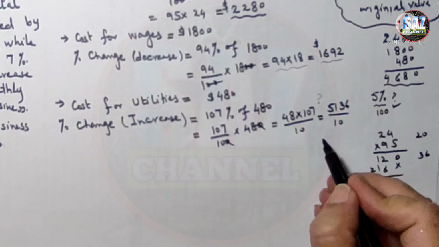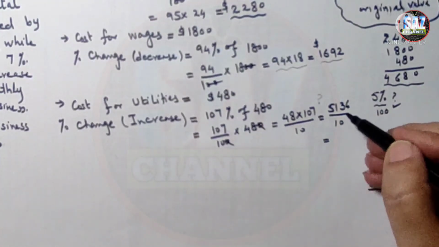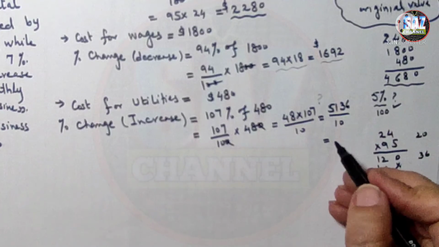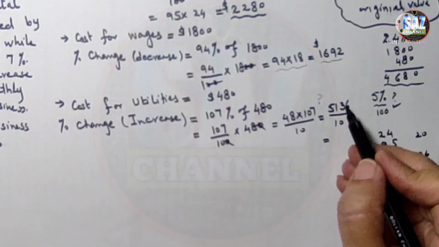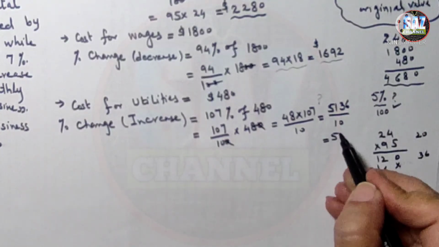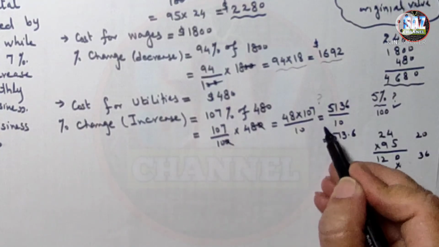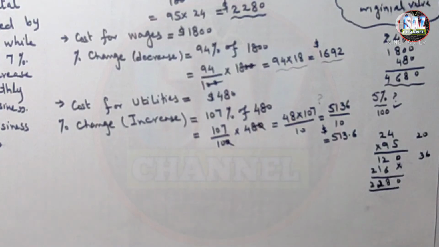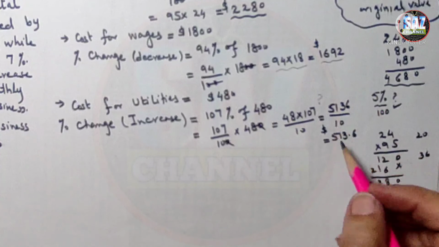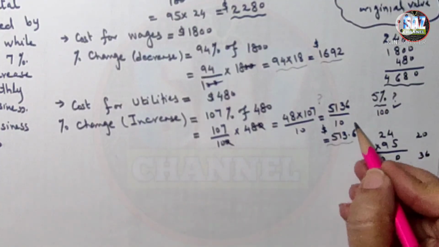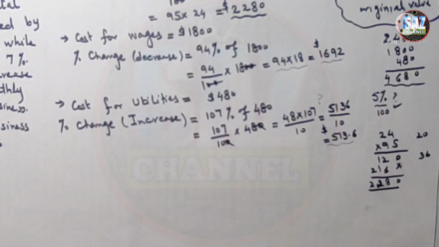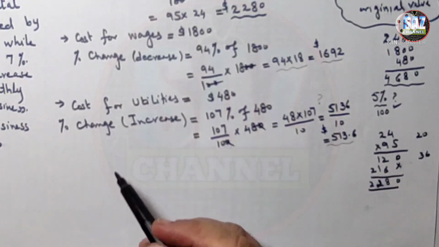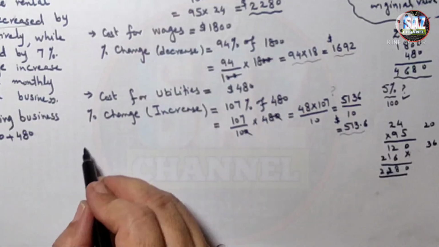And now we know that when we have 0 in the denominator, we have to leave one digit from the right-hand side for the decimal, so 513.6. Now originally we had to pay $480 for the utilities, but now we have to pay $513.6 for the utilities.